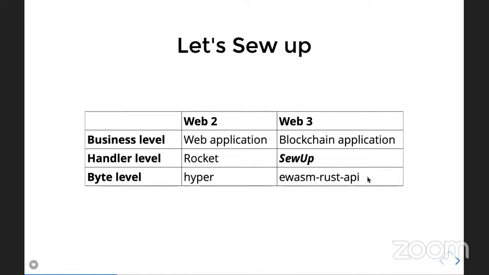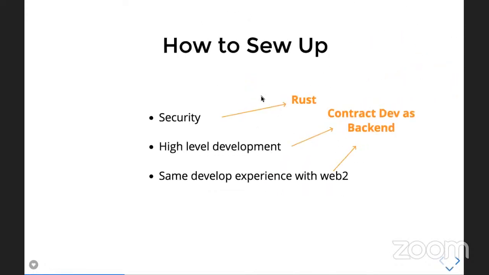As I mentioned before, it became stable in 2019. But this layer is like a percent. So I'll try to bridge from the byte level to the business level and help people more easily build their blockchain applications. And then how do we solve this gap? First, blockchain is really important and crucial, dealing with money, so security must be the first priority.